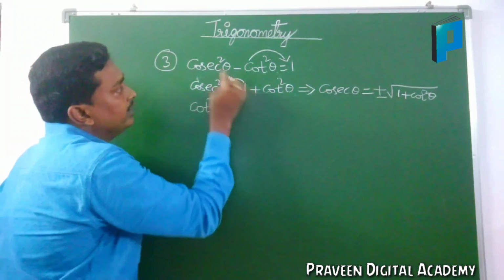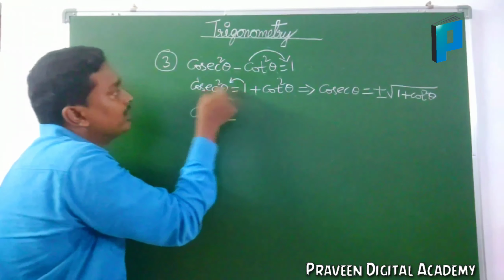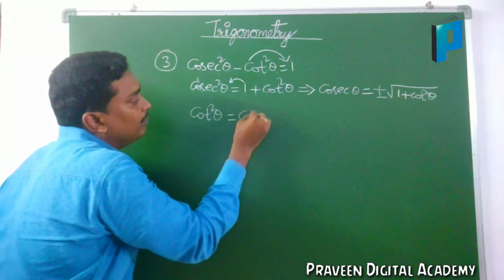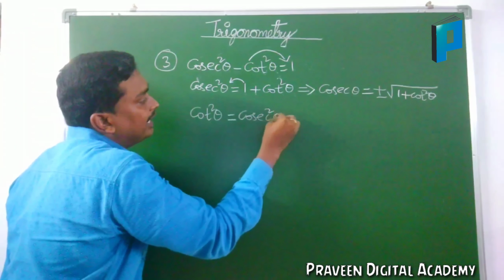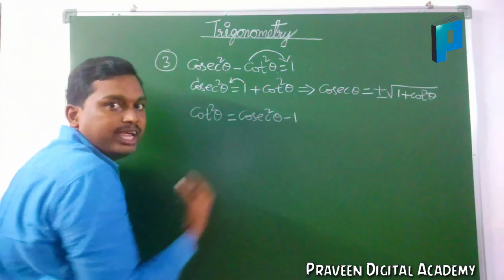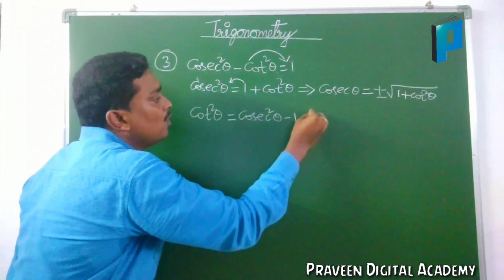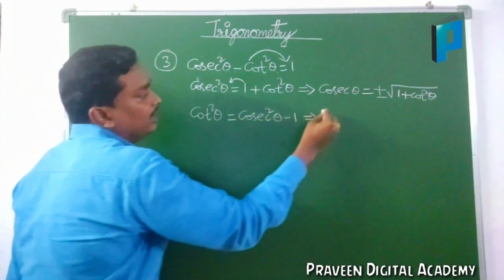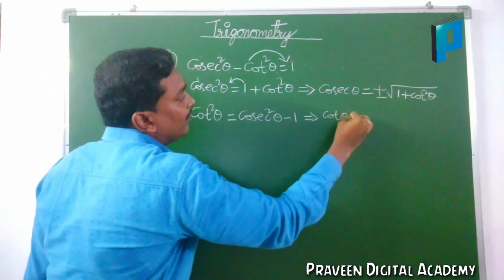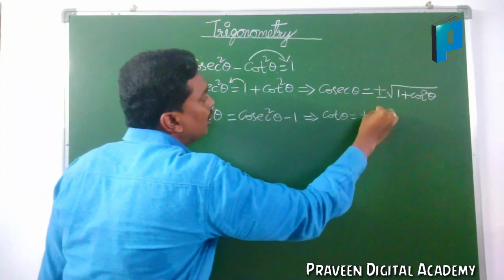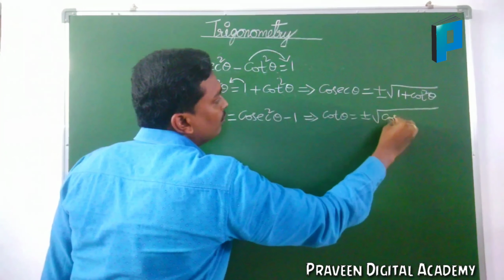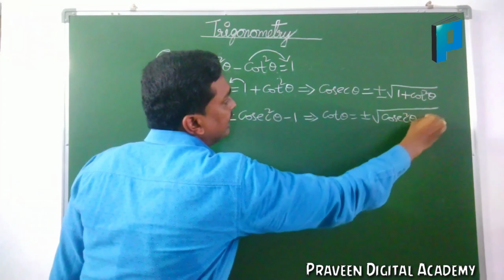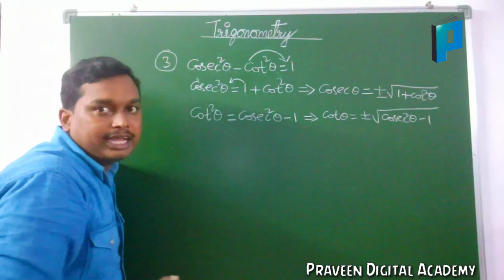So we will send this plus 1, we transpose here. What it will become? Cosec square theta minus 1 we get here. Now this square you send here, so that you will get cot theta value is equal to plus or minus under root of cosec square theta minus 1 we get here.